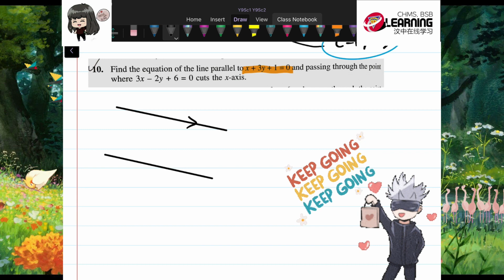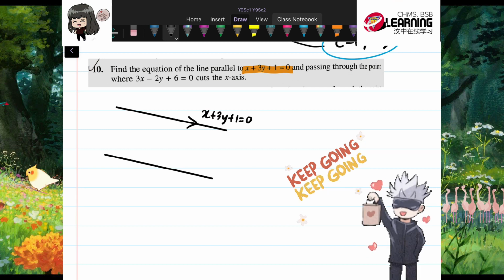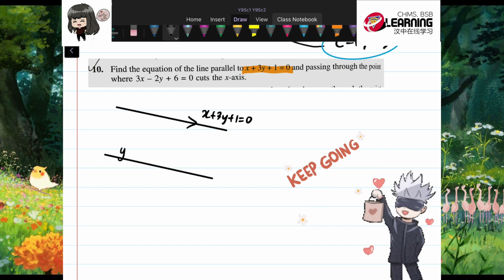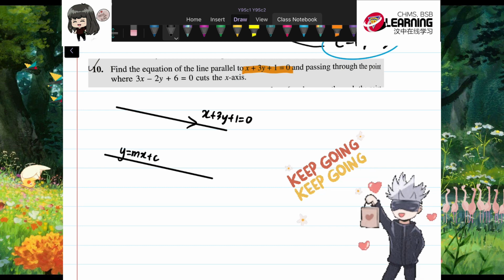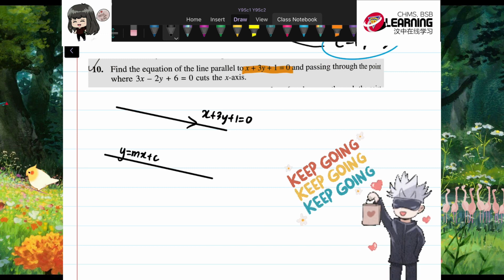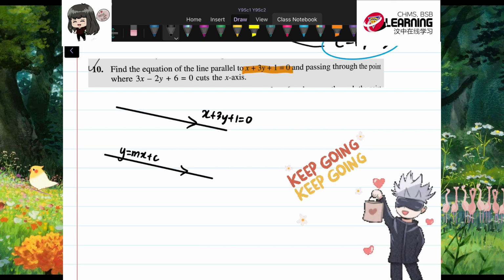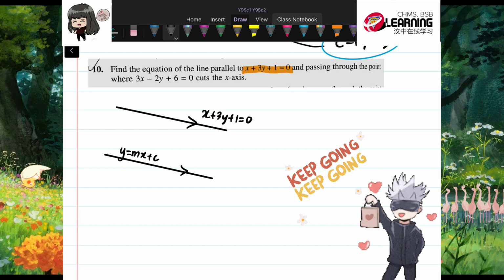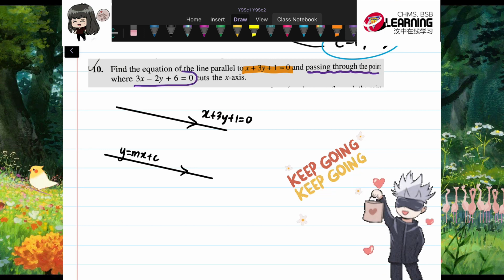Let's say this is x plus 3y plus 1 equals to 0, and this is the equation that you want to find. So I put y equals to mx plus c. Find the equation of the line parallel to this, and the equation that we are finding is passing through the point where this equation cuts the x-axis.